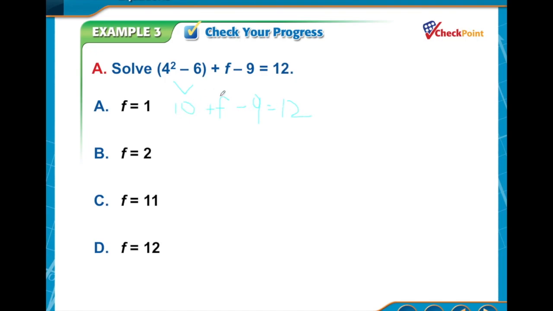Good. Now I know I can switch the order of these things around. So I can say 10 minus 9 plus f equals 12, and that would be fine too. And I know that 10 minus 9 is just 1. So I can rewrite this side of the equation as just f plus 1, because 10 minus 9 is just 1.